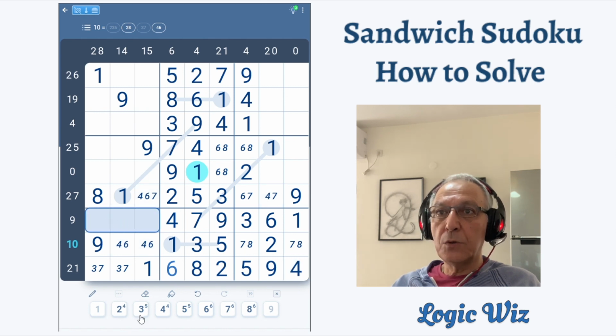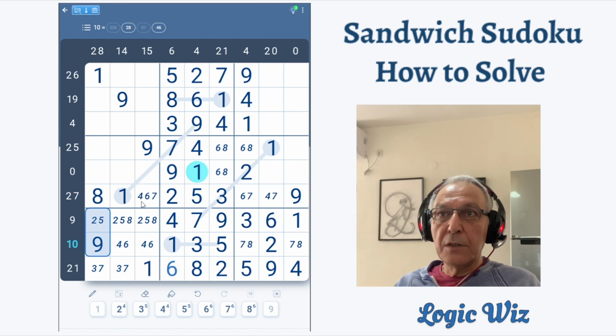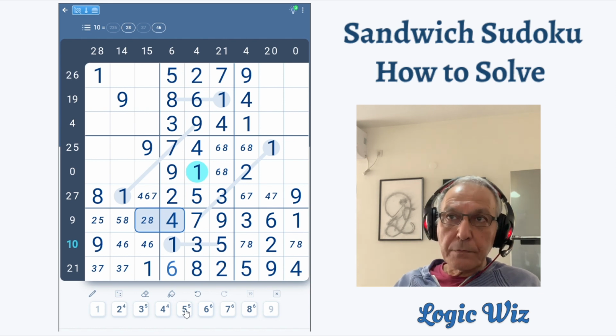We have now 2, 5, and 8. Now 8 cannot be here for multiple reasons. We're going to remove it. 2 can no longer be here because it's next to the 1, so it's only 5 and 8, and 5 cannot be here because of the 4.